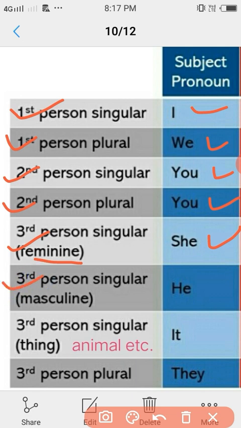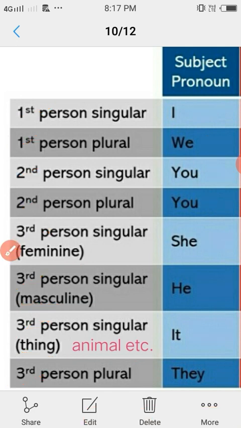Third person singular masculine, which is used for boys and men, is the pronoun he. Third person singular used for things, animals, etc., is the pronoun it. Last one, third person plural, used for feminine, masculine, things, animals, etc., is the pronoun they.